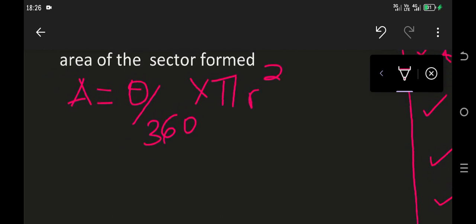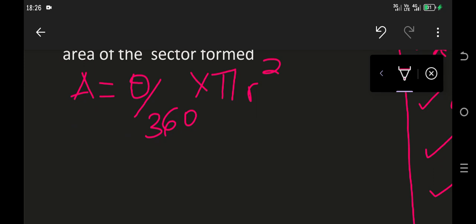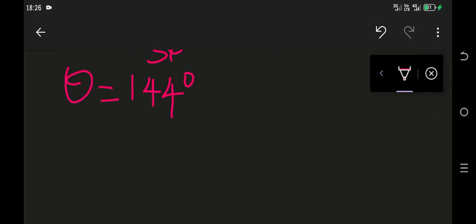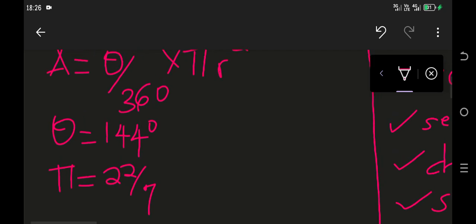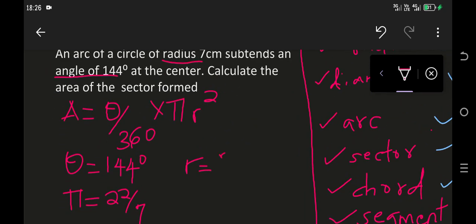So let us write what we have. Theta is 144 degrees. Pi is a constant that does not change, 22 over 7, or a question can specify that you use 3.142.